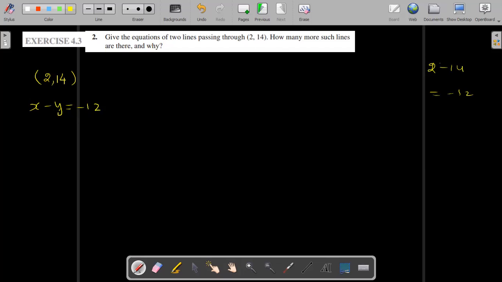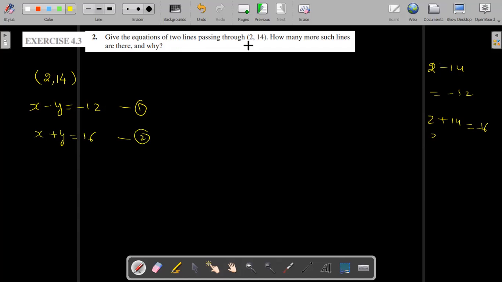That is equation number 1. For equation number 2, you can check their addition. 14 plus 2 is equal to 16. So the second equation can be x plus y is equal to 16.